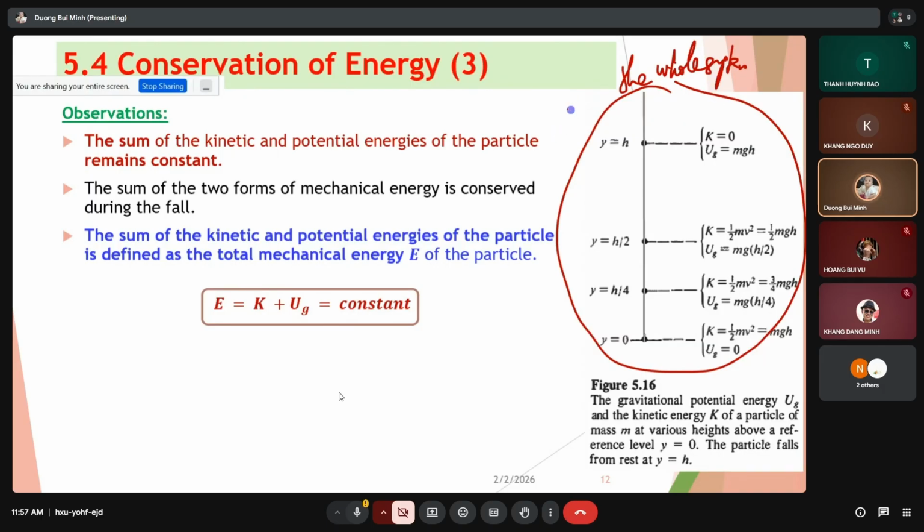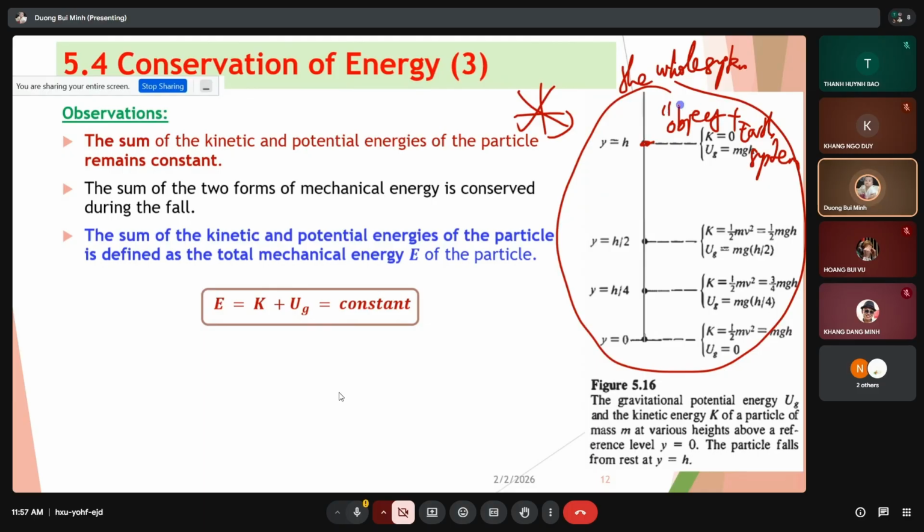Because we need to make sure we have no external force acting on the whole system. So the whole system here is the object plus Earth. It's up to you.